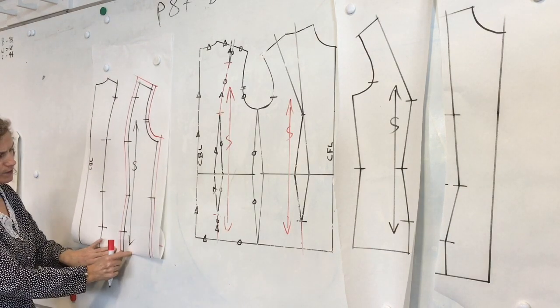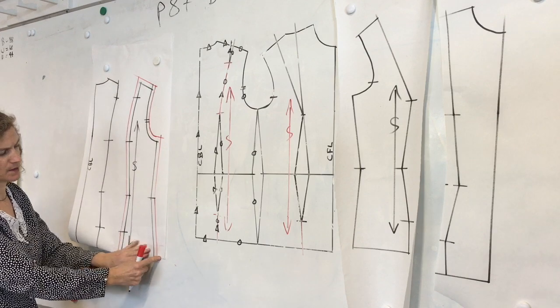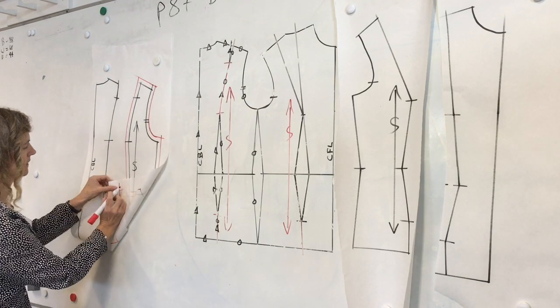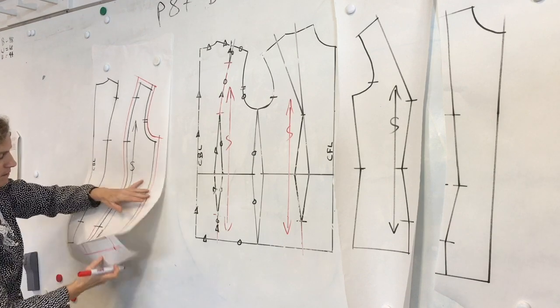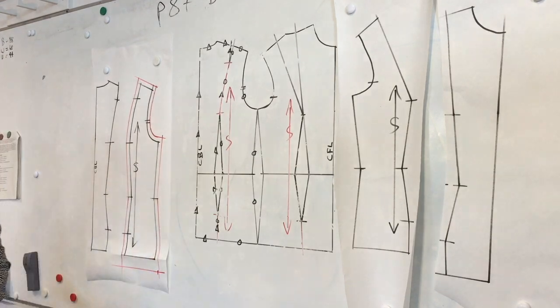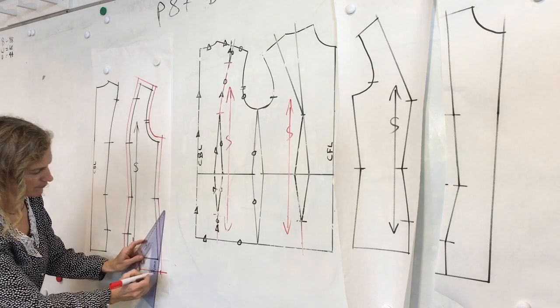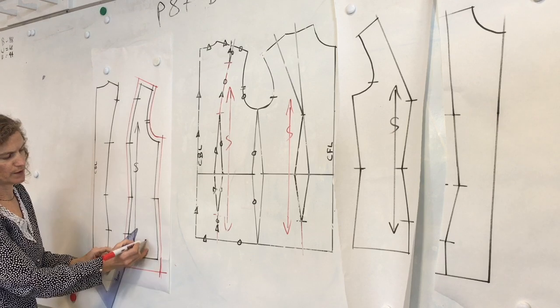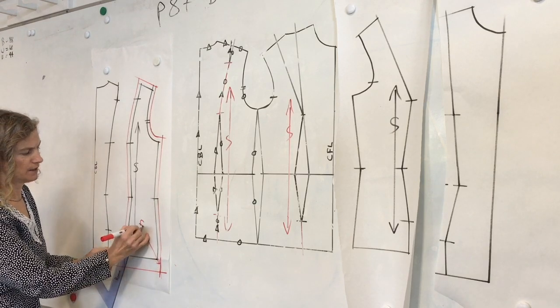This one is squared, so it will come the same. But this one's going to come in slightly. I can see it there. So that is my fish-tailed.